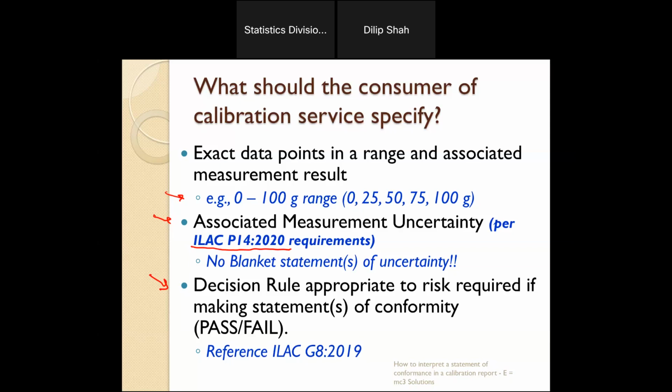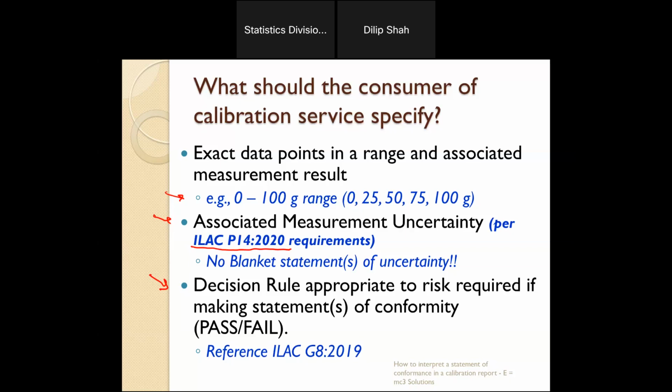A lot of the calibration providers will say, oh, we will use the simple acceptance. Simple acceptance is basically, is the measurement within the specification? It is not taking into account the uncertainty of measurement. I do not like the simple acceptance rule because that's the traditional approach.